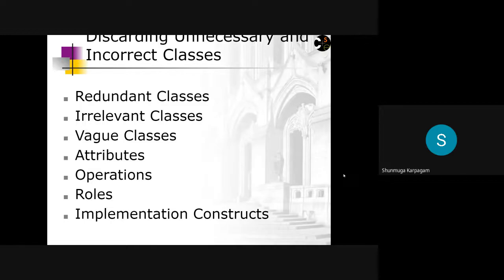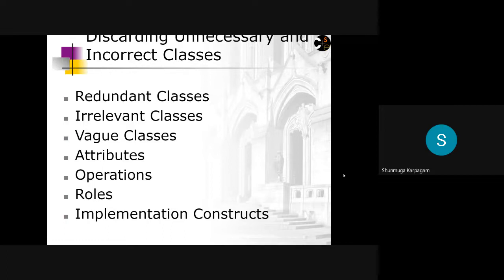So we should avoid redundant classes, irrelevant classes, and vague classes. What do you mean by redundant? Repeated classes. If we have roll number, register number, and similar names, all representing the same thing, then that is a redundant class. Or if I give student name and name of the student, both are the same, which is redundancy.